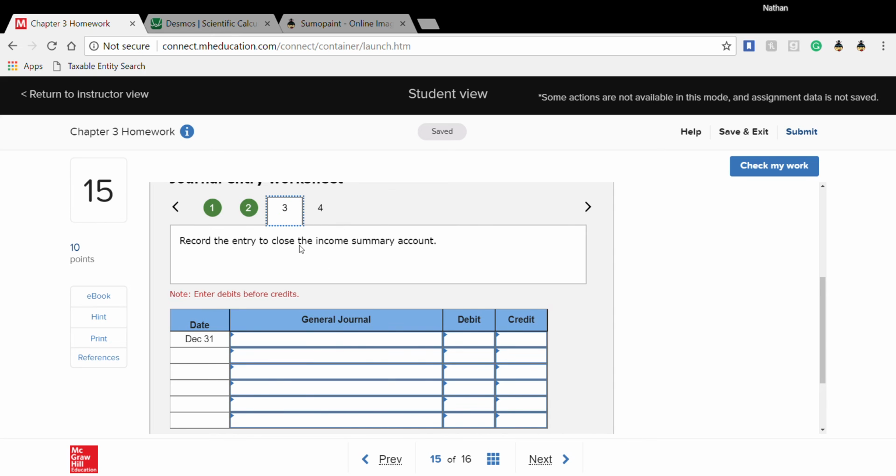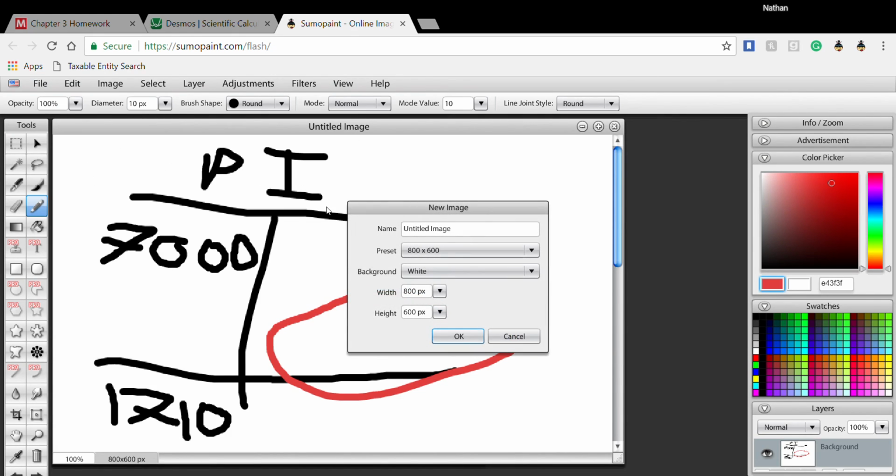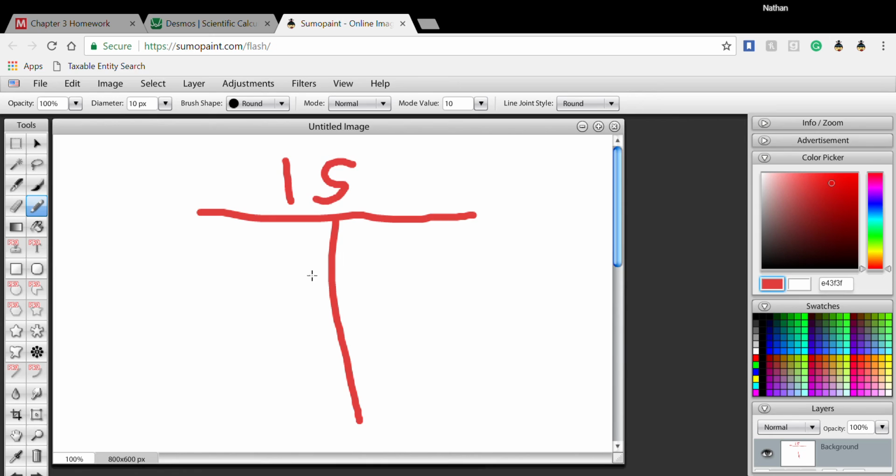Now it moves to 3. Now we have to close the income summary account. The best thing to do here, if you want to, is a T-chart. So again, I'm going to do a T-chart. I know this is in red now, but so income summary.